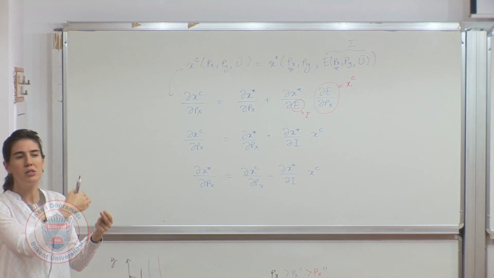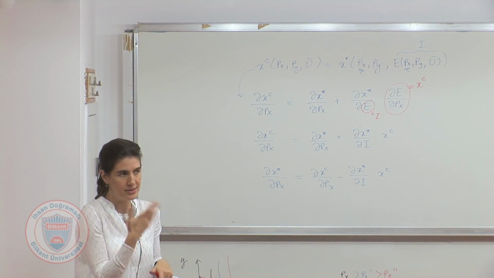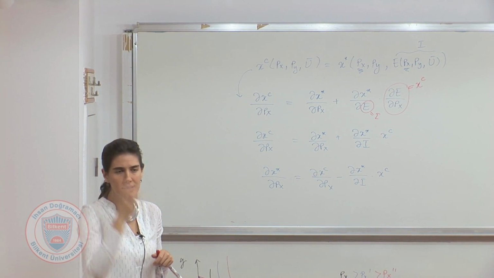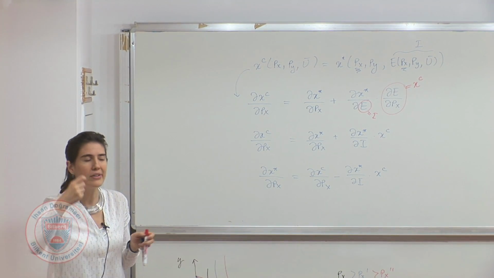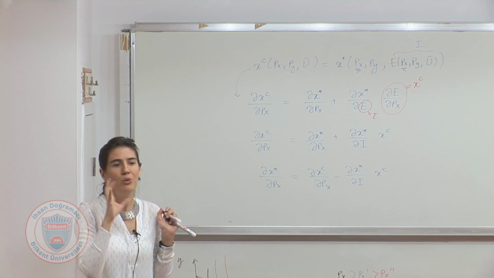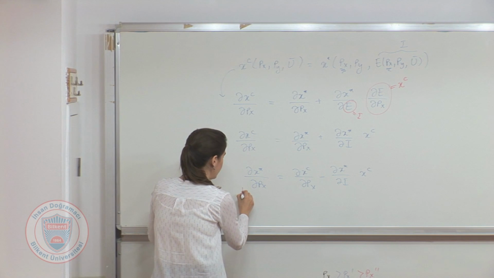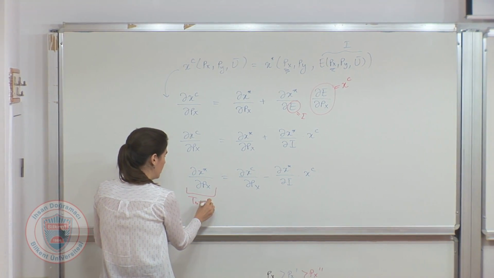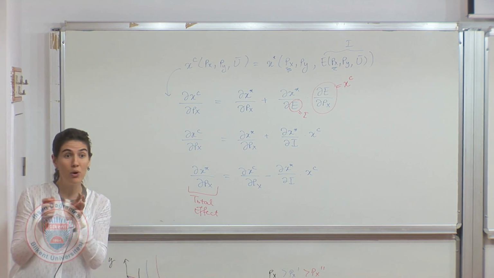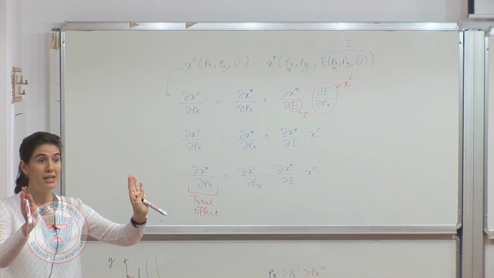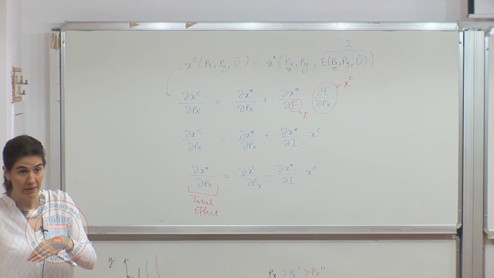Suppose price of X increases, you are going to decrease your x star, right? If it's a normal good and such. And then we said that, well, how much you're going to decrease your consumption of X, we call that total effect, right? So you see this guy here is the total effect. And then we try to decompose it into two. We said there is substitution effect and we said there is income effect, right?